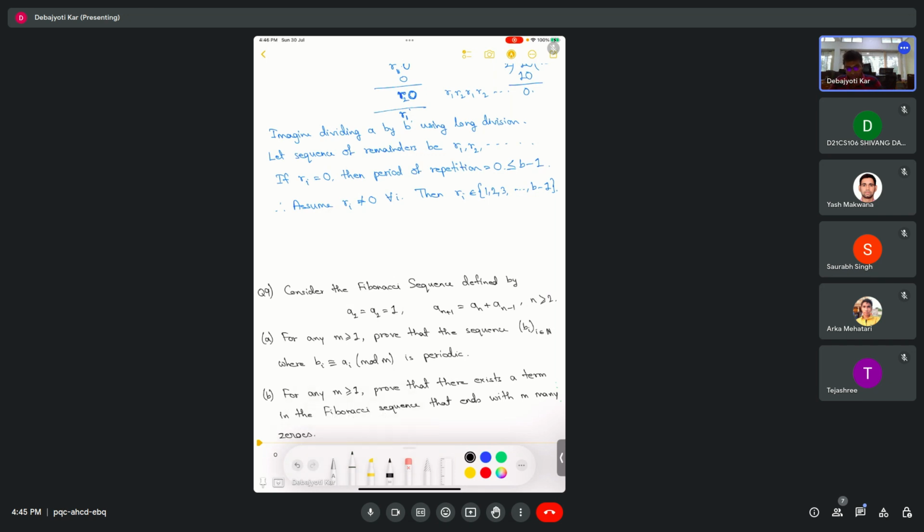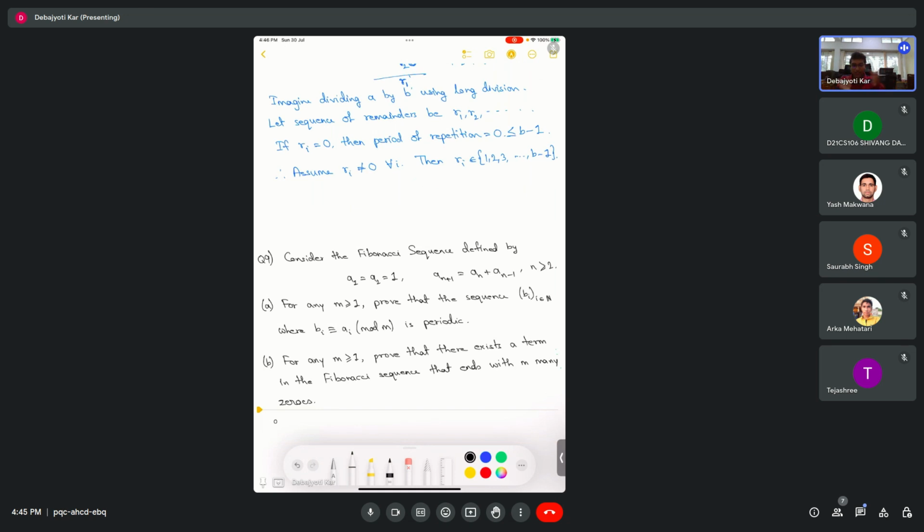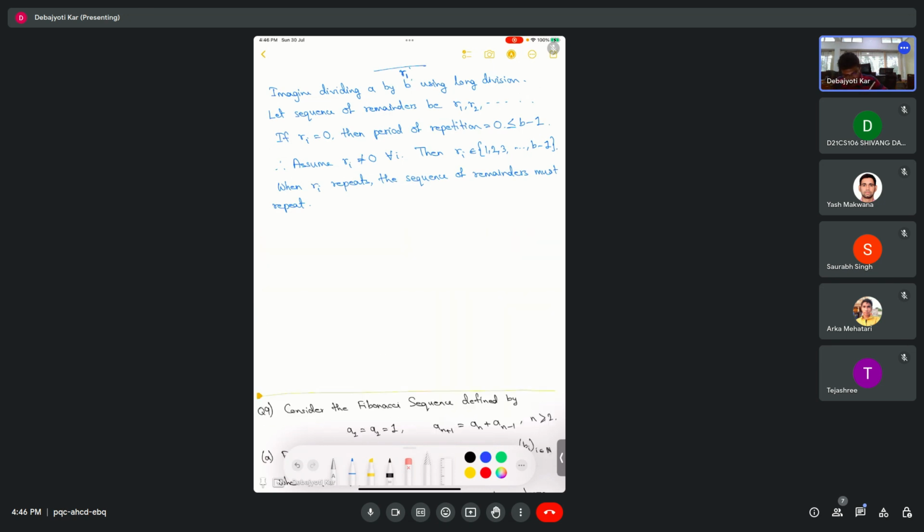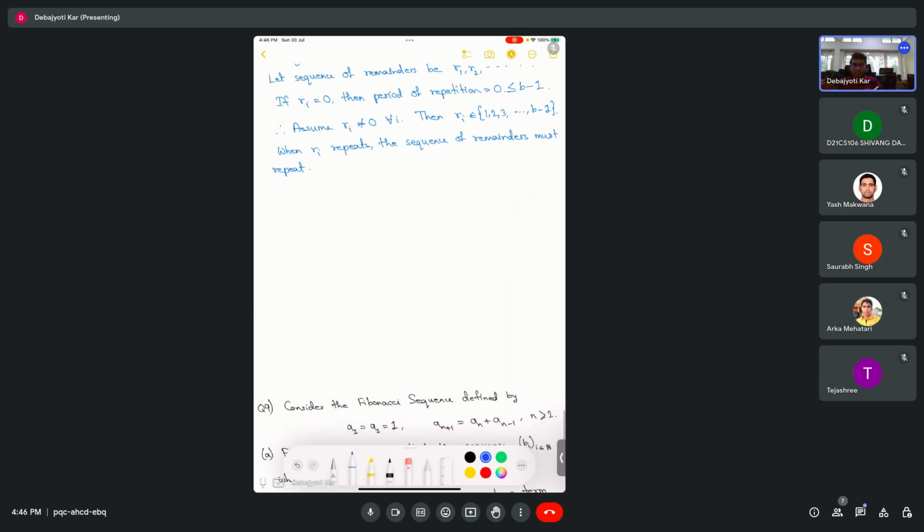Okay. So which means initially how many terms can there be? So let's write this. Let's consider the first time when R1 repeats.